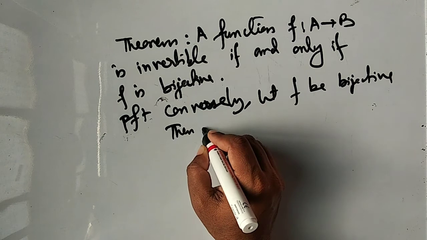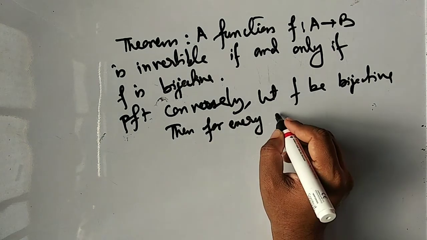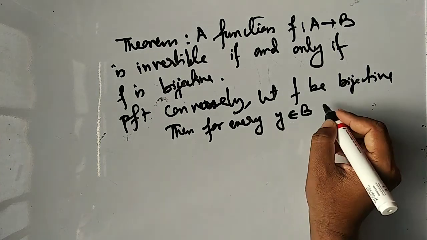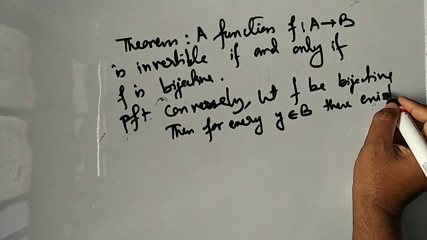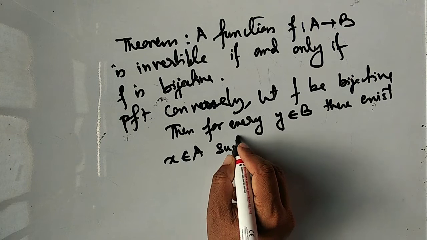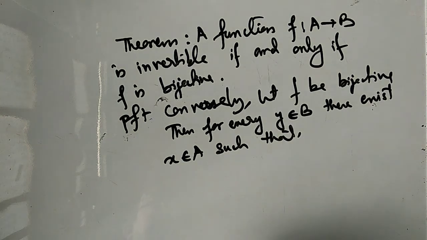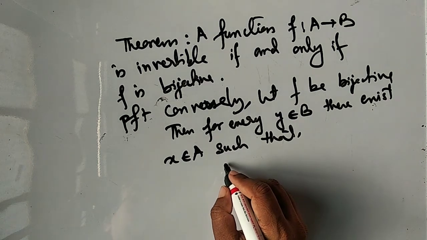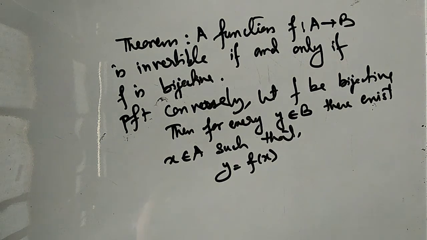Then for every y belongs to B, there exists x belongs to A such that y is equal to f of x. ये हम लोग लिख सकते हैं.